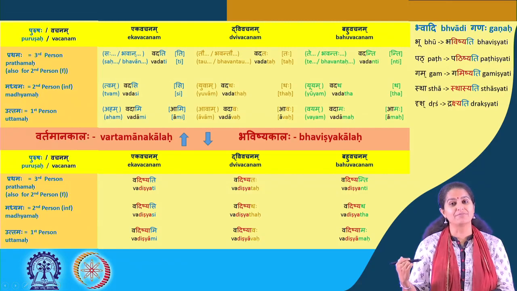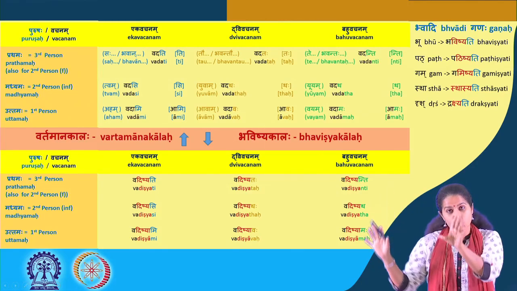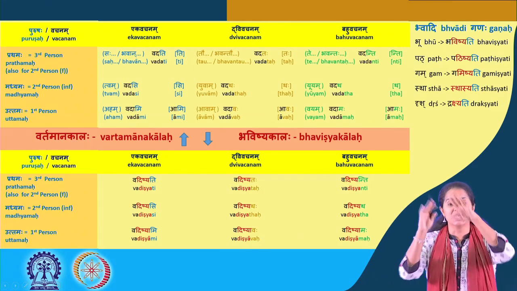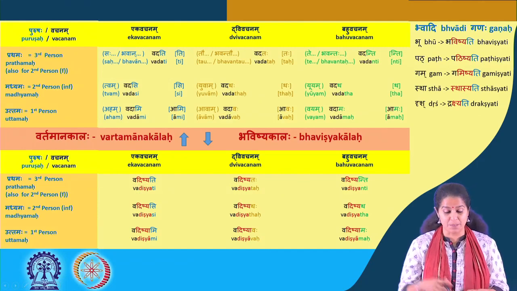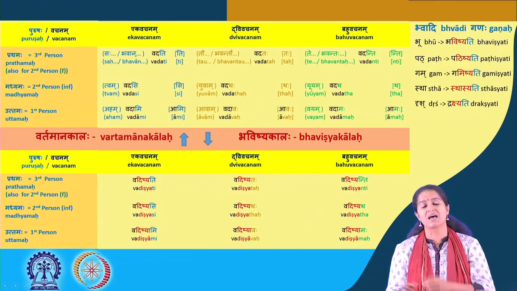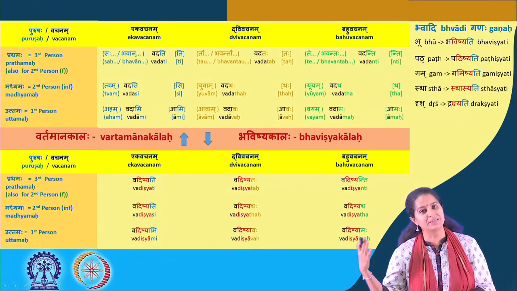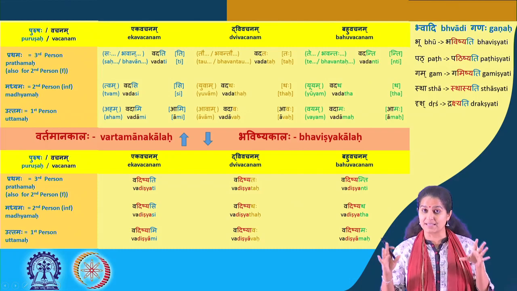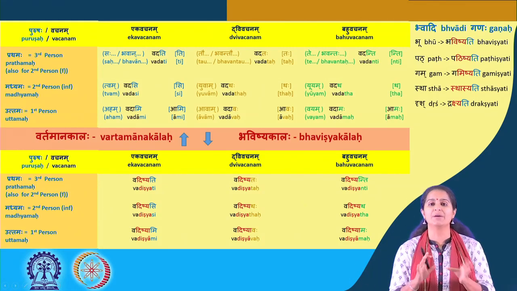And over and above that, we also have the possibility of a dual classification of the verbs. Some verbs are conjugated with the endings known as parasmaipadi that we have here with the ending of the ti. Other verbs are ending with the a, and that's the form known as atmanepadi. And there are some verbs that take both forms, and they are known as ubhayapadi.